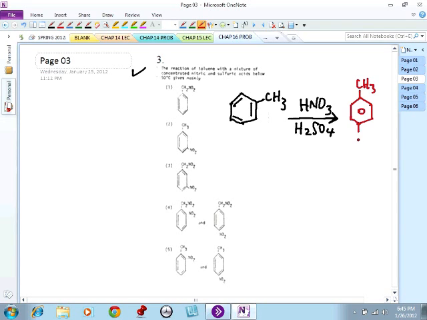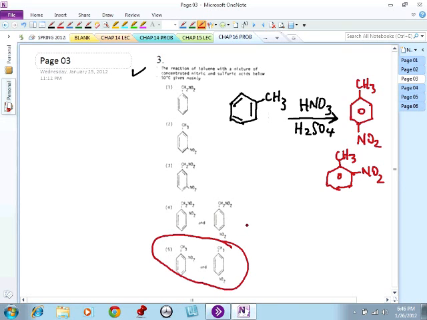So you have the para product here, and then you have the ortho product here. Okay, do we have that here? Where's the answer here? 5? Okay, very good. So 5 is the answer.